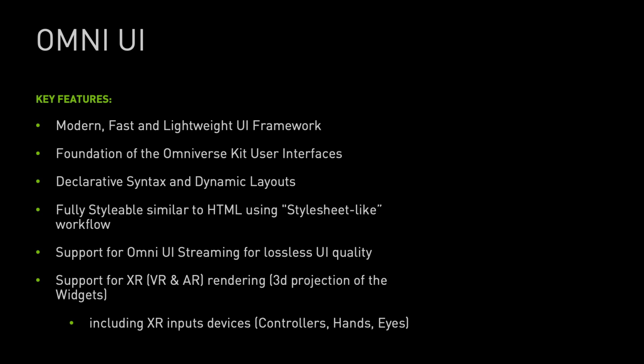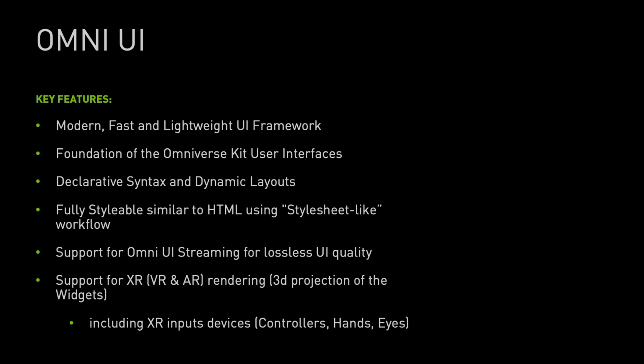When we started the project, we wanted to have a really fast, hardware-accelerated UI that would be lightweight and open. We based our framework initially on the Dear ImGui library. Some of the key features that we're going after is to have a modern, fast, and lightweight UI framework. It is the foundation of the Omniverse Kit user interface.